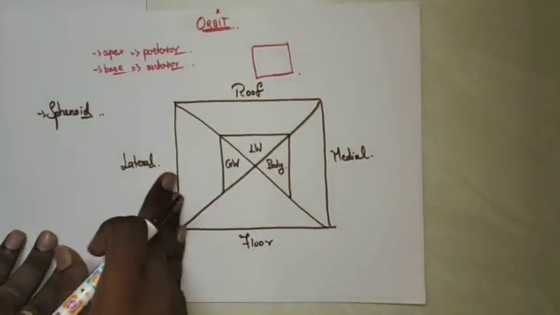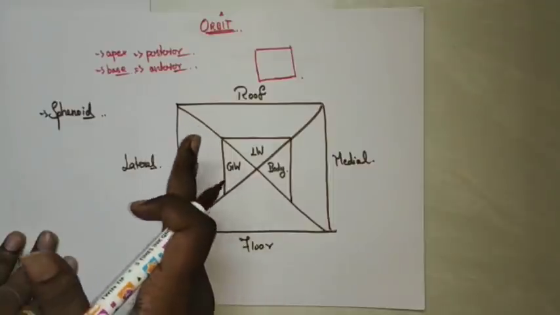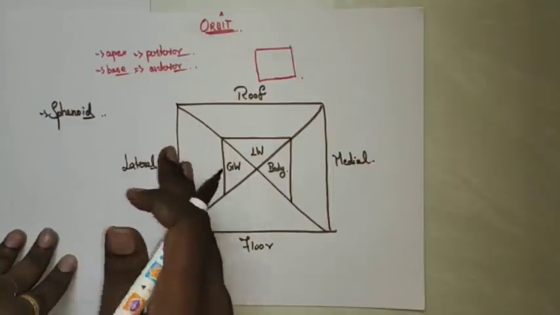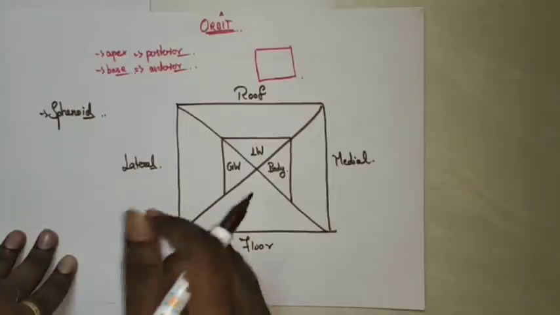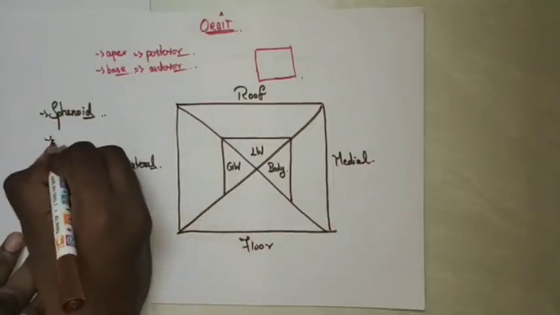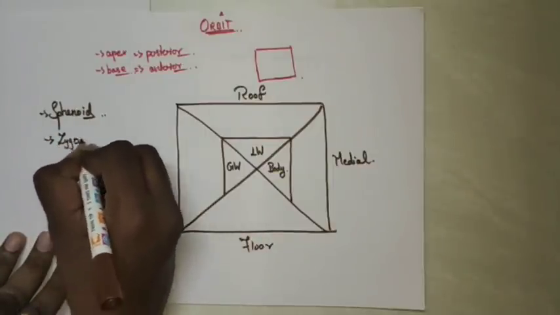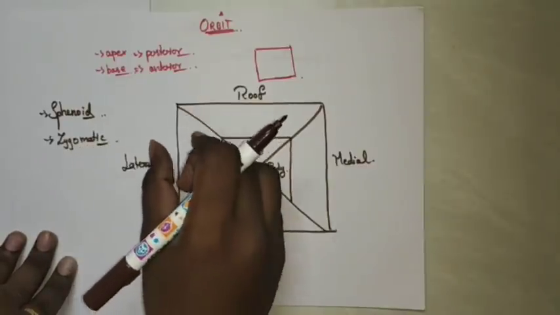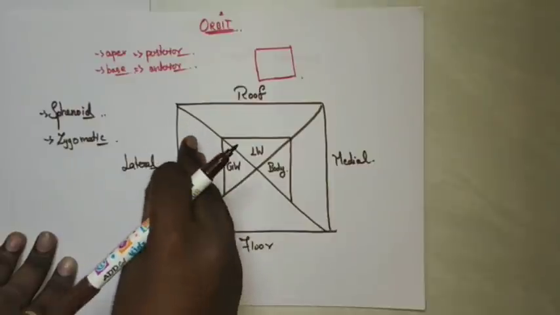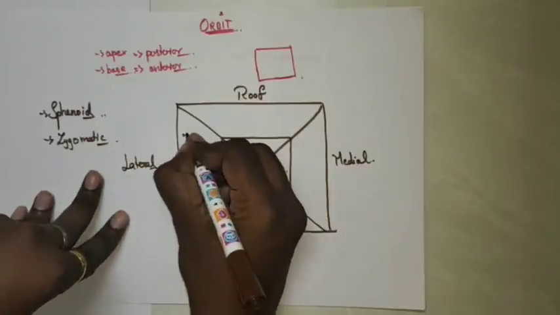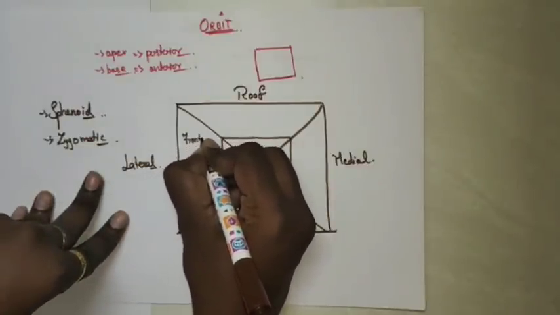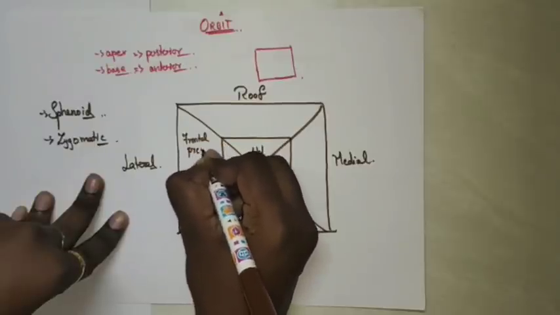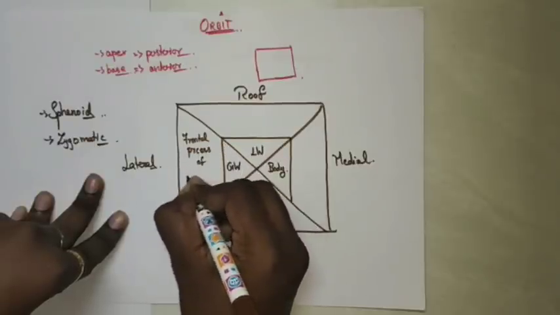So, as we all know, on the lateral side, the major bone of the skull is zygomatic bone, which constitutes the lateral wall of the orbit also. That is the frontal process of zygomatic bone.